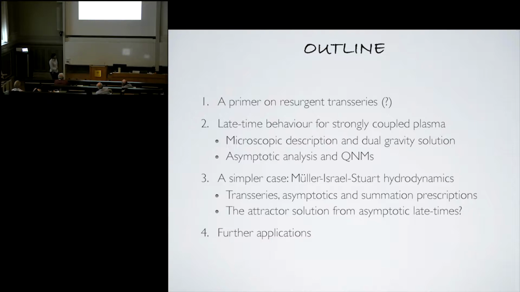The interesting situation here is that you can deal with this system via gauge-gravity dualities, so string theory will play a role in the analysis of this system. And I will give you a general idea of what the asymptotic analysis gives there. But then I will go to a simpler case, which is Müller-Israel-Stewart hydrodynamics, where I can show you how to obtain some exact results from our asymptotics. And I will then mention the applications that I already mentioned, but with a bit more detail.